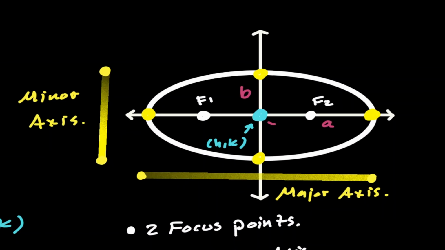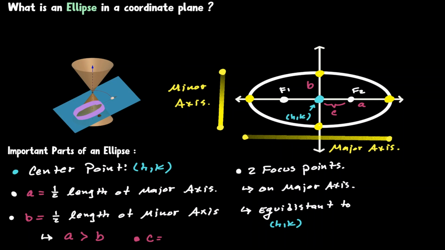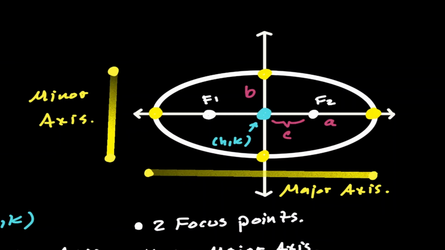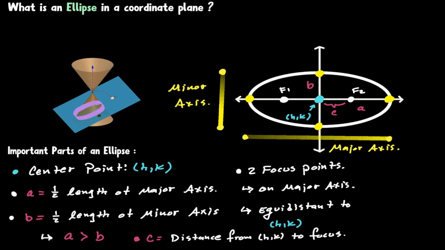And the distance that we have from the center to any of those focus, we use the letter C to represent that distance. And remembering that ellipses are symmetrical, then that's the same distance that we had if we would have gone to the other focus point. And there's actually a relationship between those three distances.